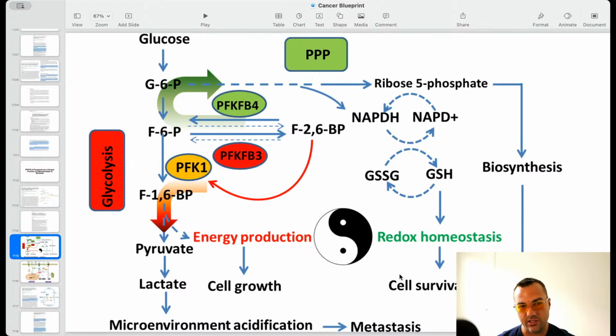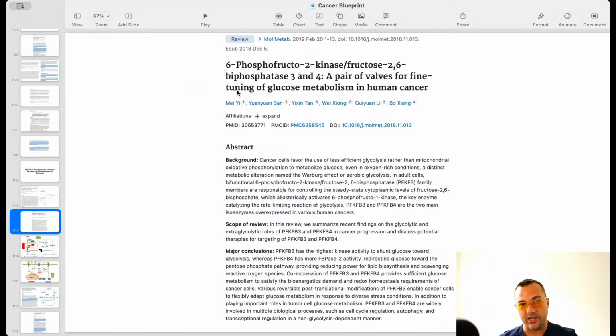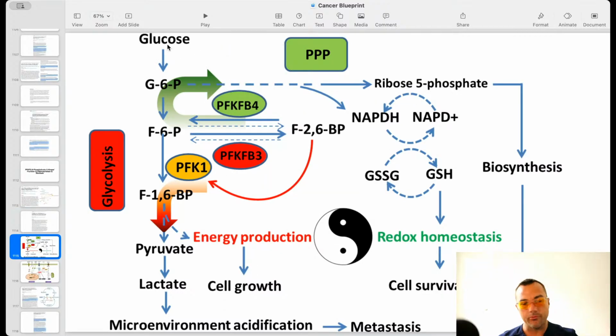So this is a really good graphic of this system. We had seen this when we were talking about PFK and PFKFB, but basically, and I was wrong, it's actually this PFKFB that acts as the pair of valves fine-tuning glucose metabolism, right? And so what happens is glucose is being brought in by the cell by the truckload, 10 to 30x more than a normal cell.